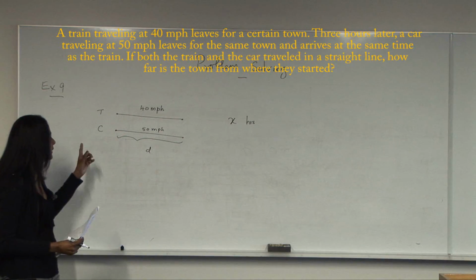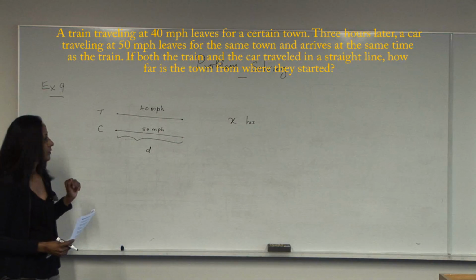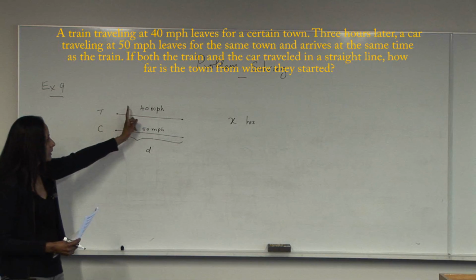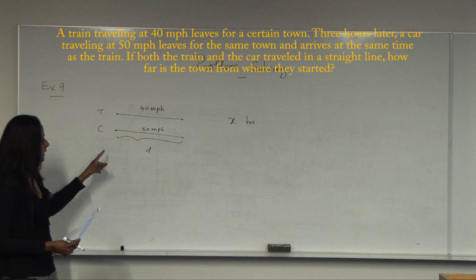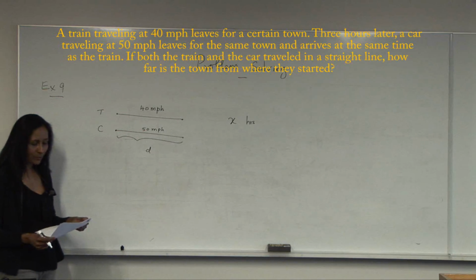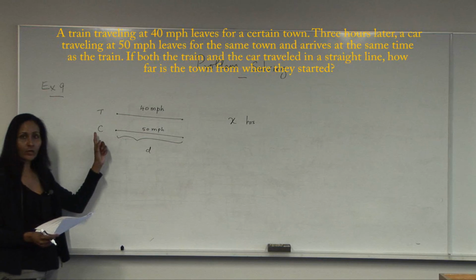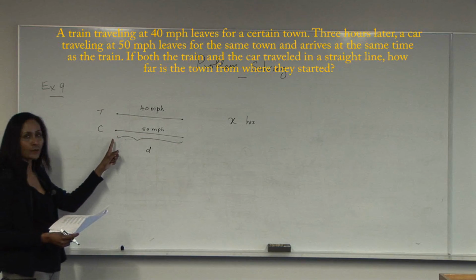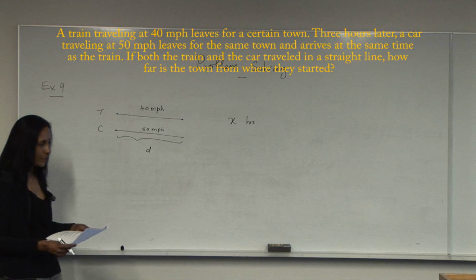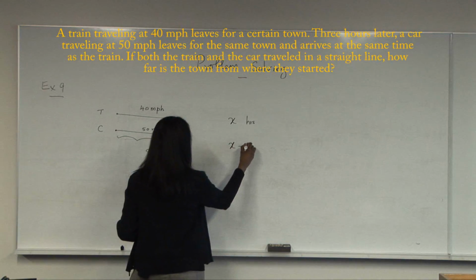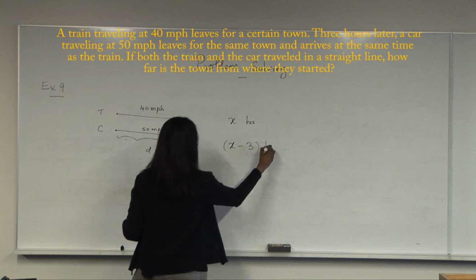It took the train X hours at the speed of 40 miles per hour. And the car, it says in the problem, 3 hours later, a car traveling, starting from the same point, going to the same town. So how many hours would that be? X minus 3 hours, correct?